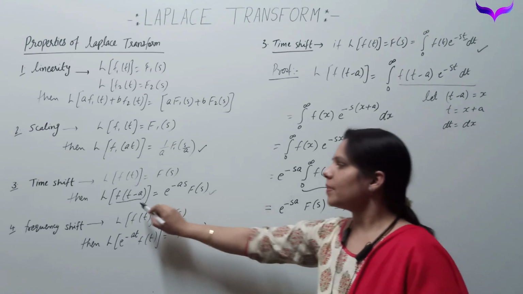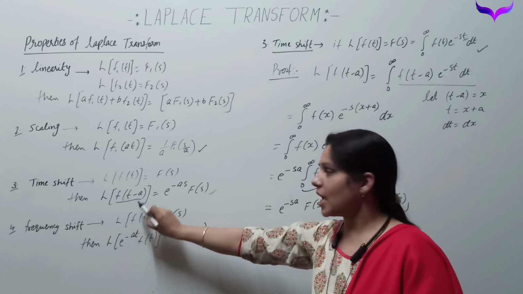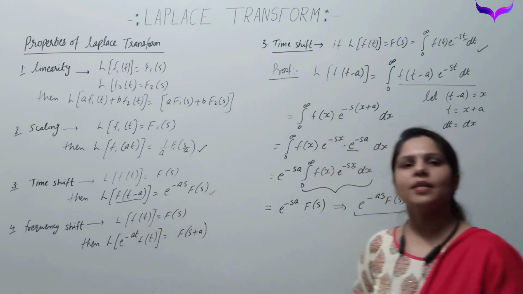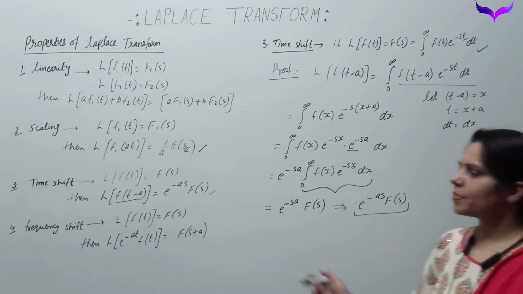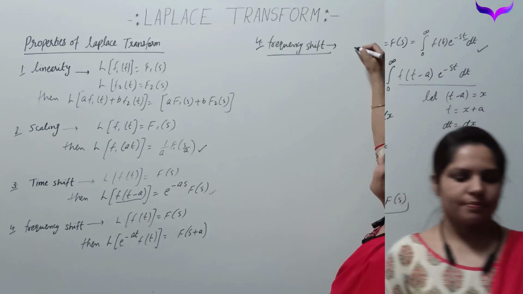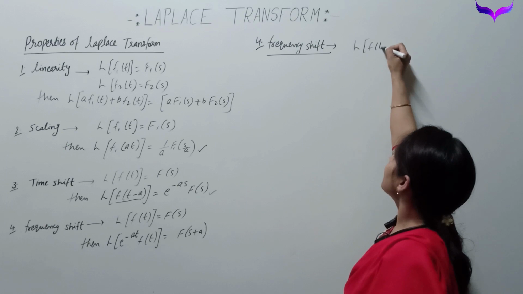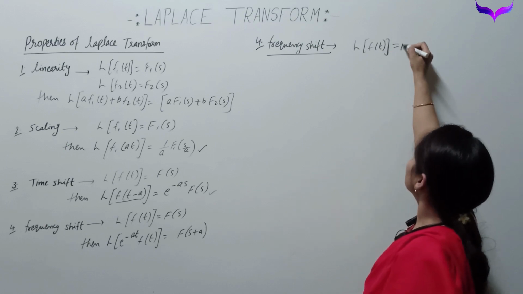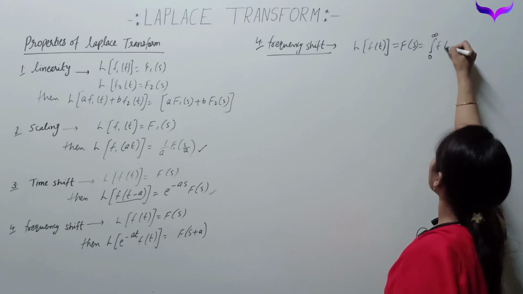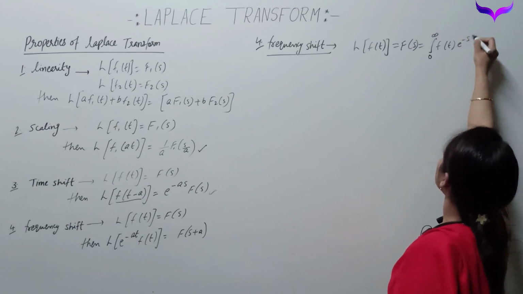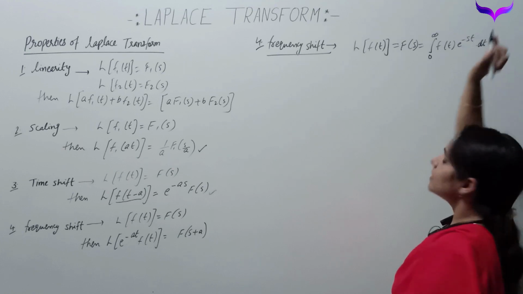See here, Laplace transform of a delayed function f of t minus a is equal to e raised to power minus as F(s), right? Now the next property is frequency shift. Laplace transform of f(t) is equal to F(s), and by definition we can write it as integral 0 to infinity f(t) e raised to power minus st dt.